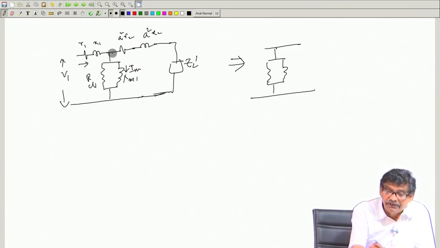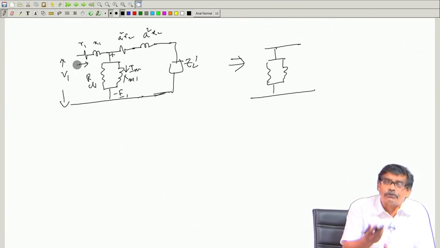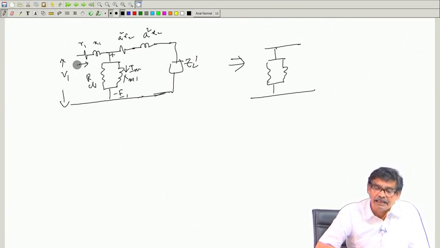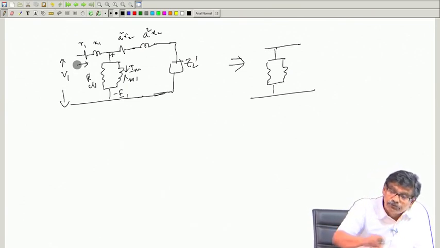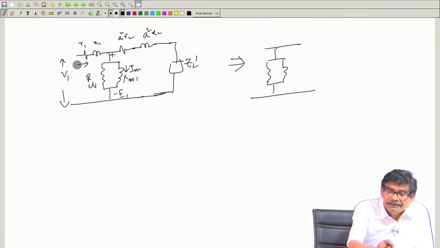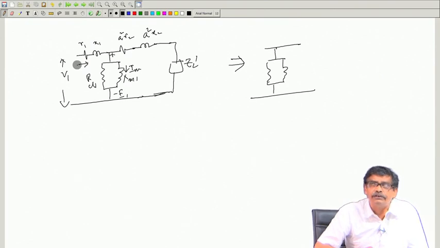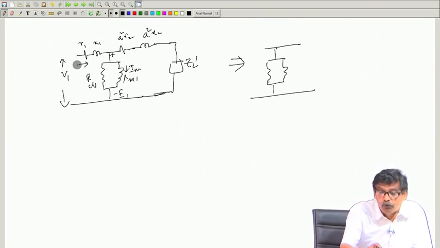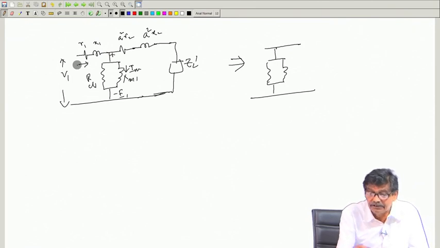Now, what is the difference between this voltage and this voltage? This is E1. It is this drop, but R1 X1 is small. Even when rated current flows after you have connected the load, there will be little drop here, that will definitely decrease your phi. Phi max is E by 4.44 f, is it not?